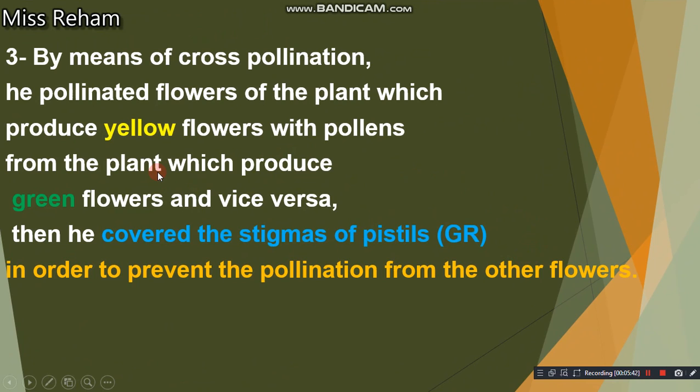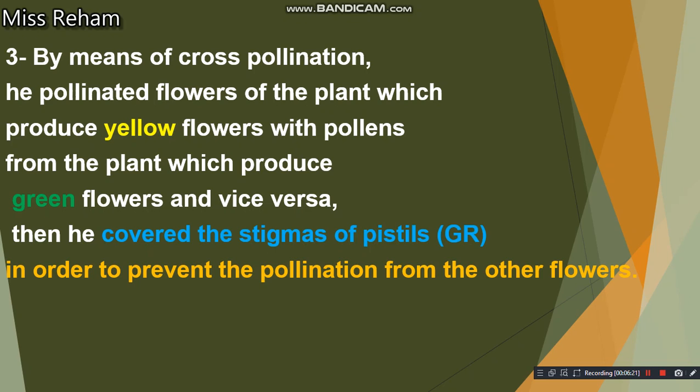Number 3, by means of cross-pollination, he pollinated flowers of the plants which produce yellow flowers with pollen from the plants which produce green flowers, and vice versa. Then he covered the stigma of pistils. Again, in the previous step, Mendel wanted to prevent self-pollination, so he removed the stamen.